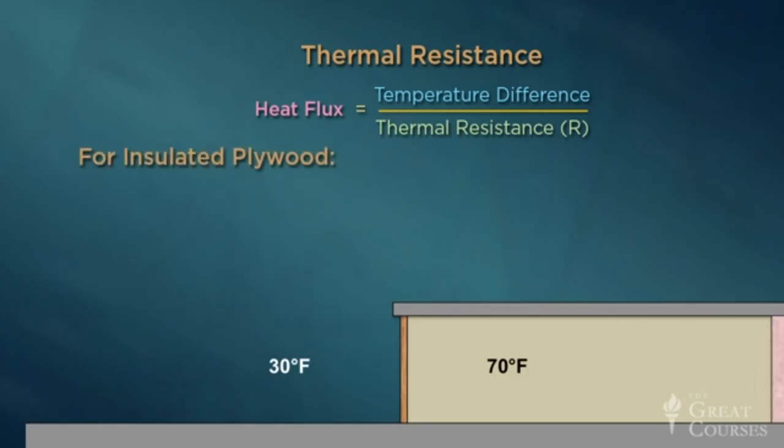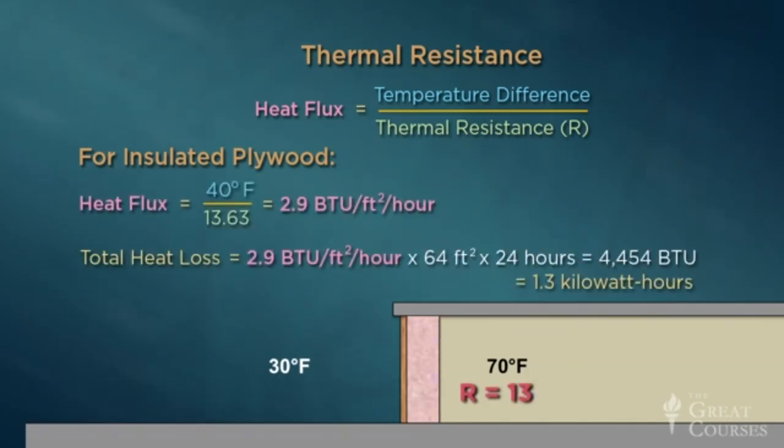Now let's try insulating this wall with 3.5 inch thick fiberglass batting, here with an R value of 13. Thermal resistance is additive, so the total R value of the insulated wall is 13 plus 0.63 equals 13.63, and the heat flux falls to 2.9 BTUs per square foot per hour, which for our 8 foot by 8 foot wall is 4,454 BTUs per day.